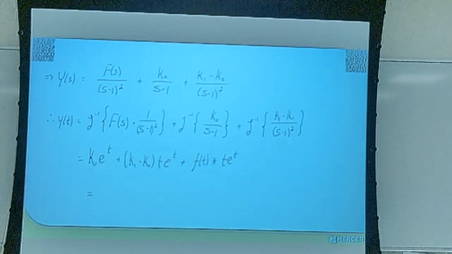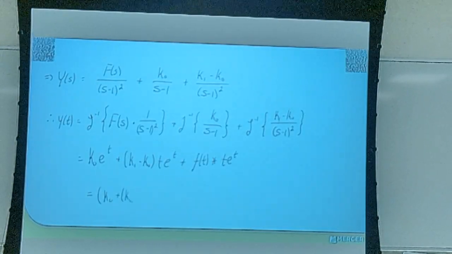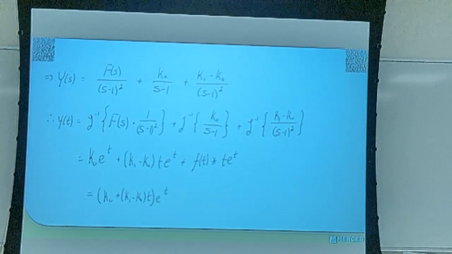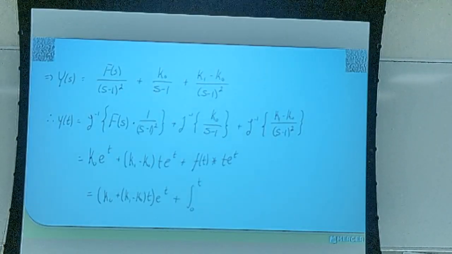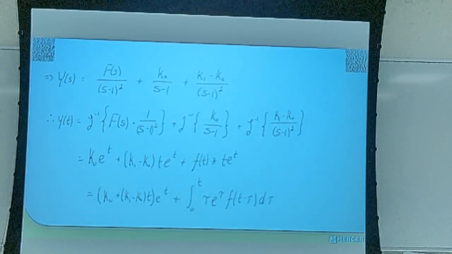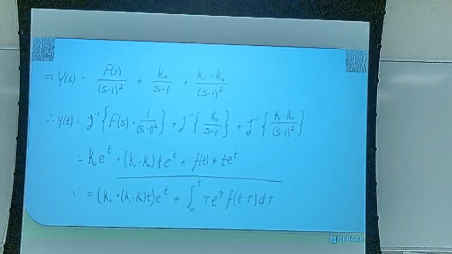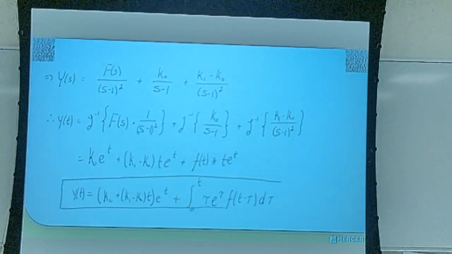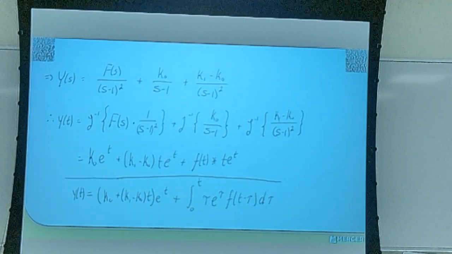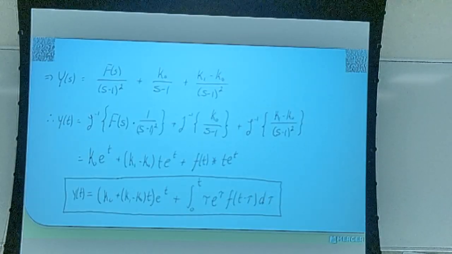I'm going to factor out e to the t, and then use the definition of convolution. There's your formula for the solution.